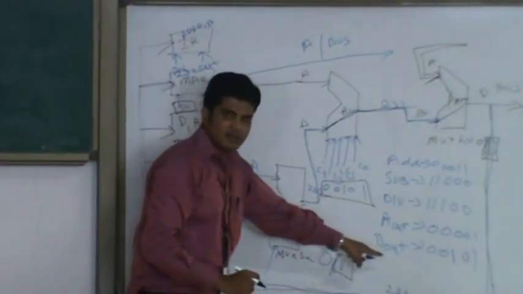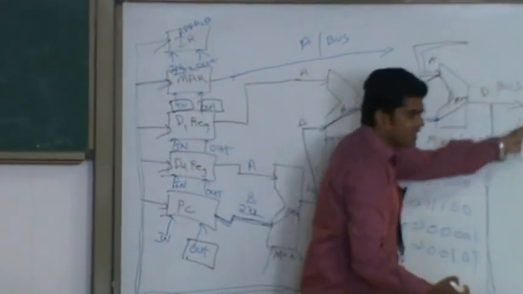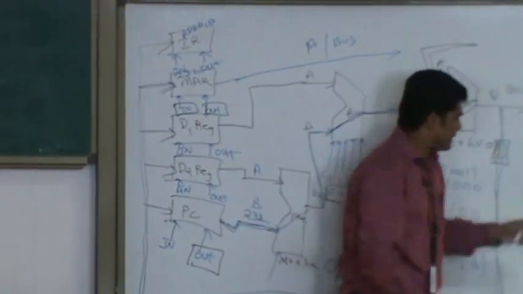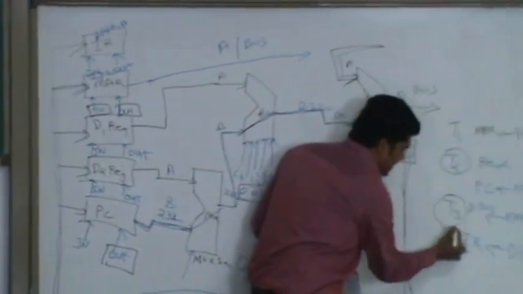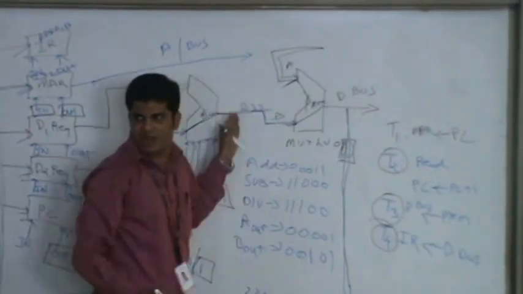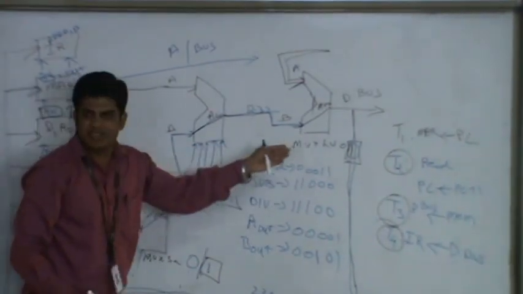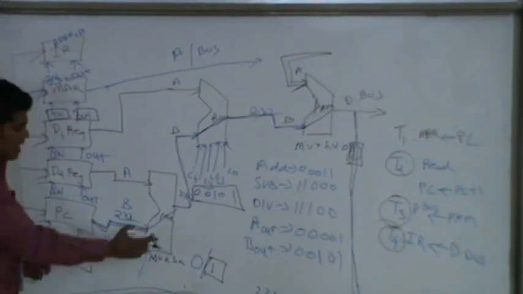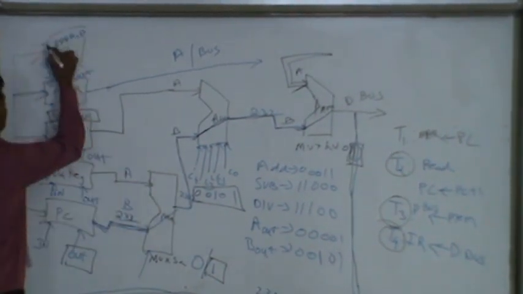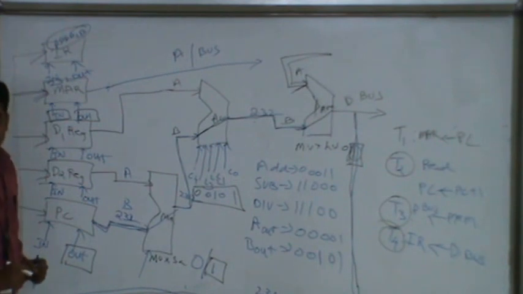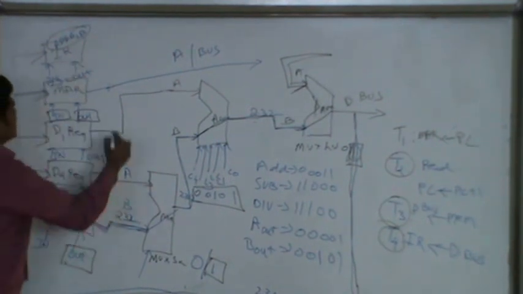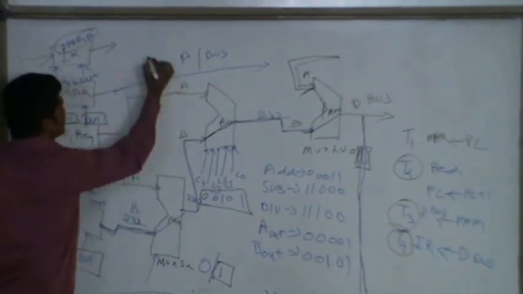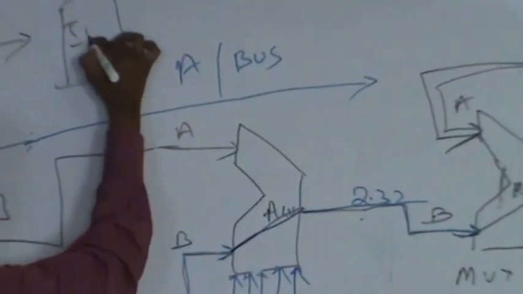And finally, after a read operation, we can go ahead and create a data path for T2, T3, T4 in the same manner as we created for PC to MAR. And after the instruction has come, the instruction register will send it to the instruction decoder.